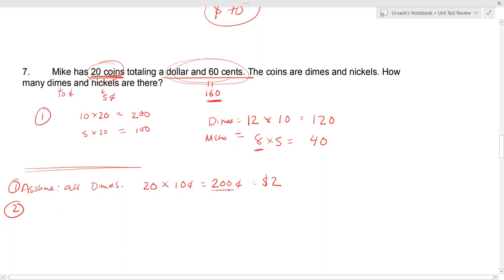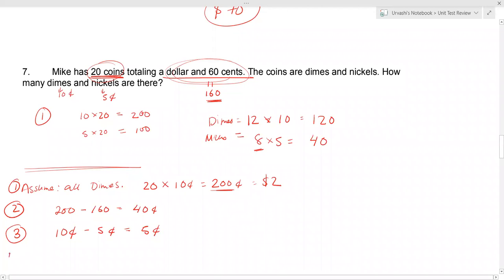We'll do 200 cents minus 160 cents. You guys remember? Then I get 40 cents. What comes next? What's the difference between 10 cents and 5 cents? We have a 5 cents difference.